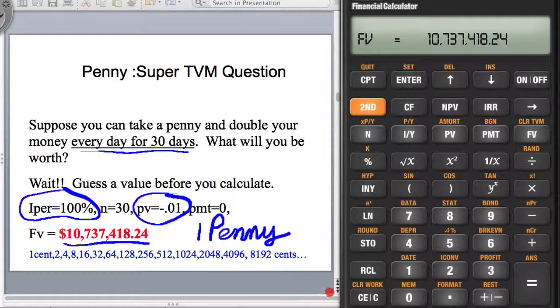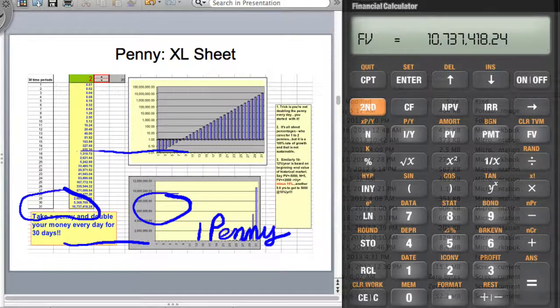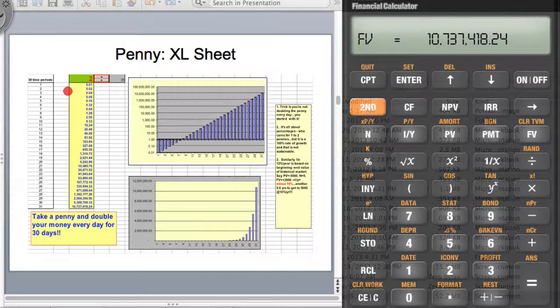Now I've actually created an Excel spreadsheet that does the same calculation, and it's available, and this is how it sort of looks. You have your 30 time periods here. You actually go from 1 to 31, so the number of time periods is 30, and you can specify the interest rate here, in this case a factor of 2, which means it doubles.